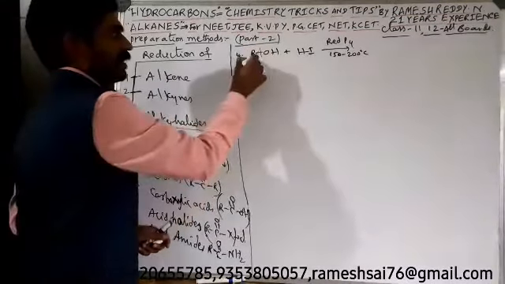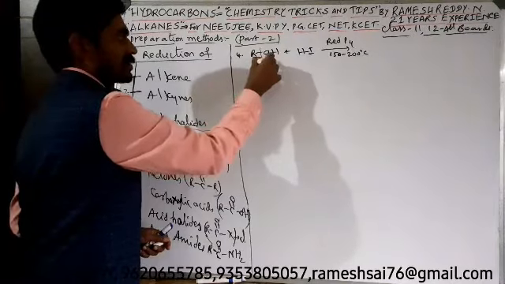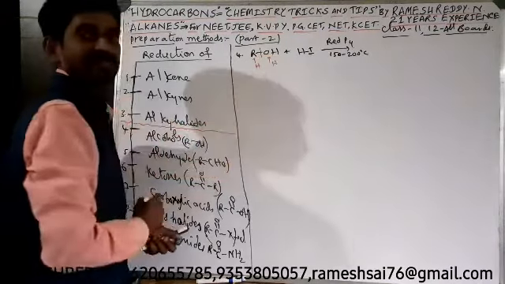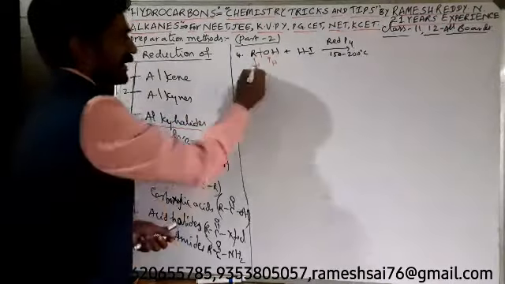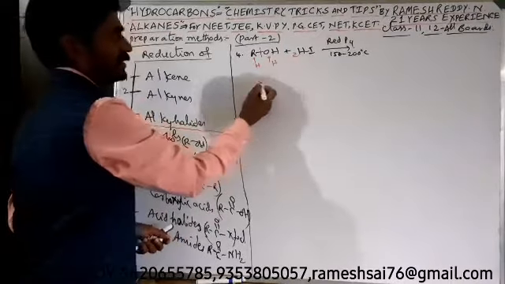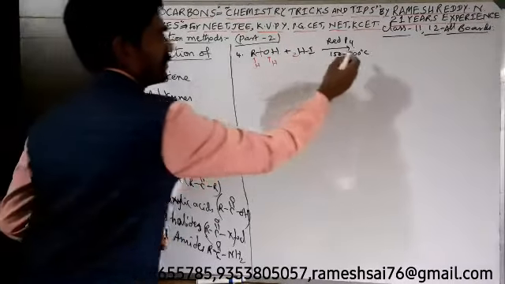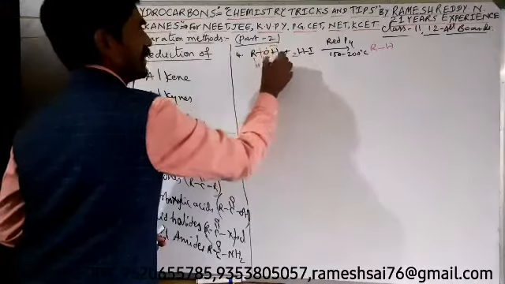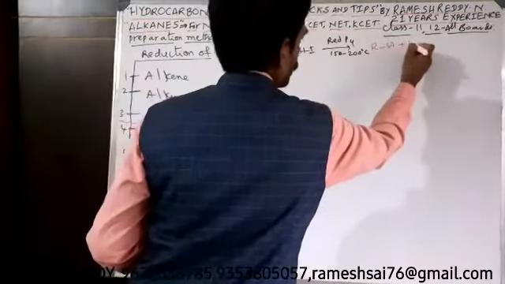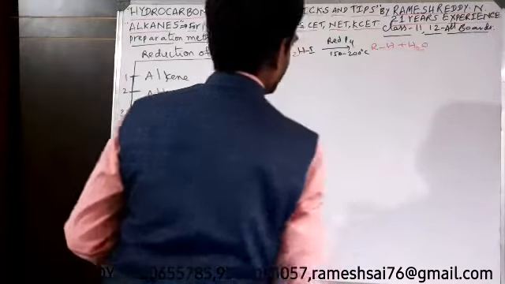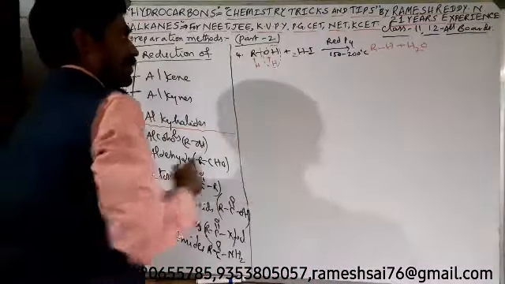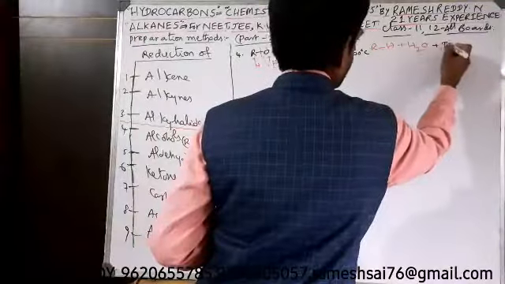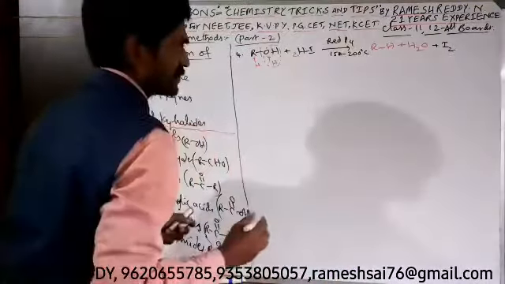Then to the alkyl group one hydrogen is added, and to the oxygen atom one hydrogen is added. Two hydrogens are added. Then it is removed as RH, that is the alkane we get, and this is removed as H2O. Then the iodine is removed as I2.